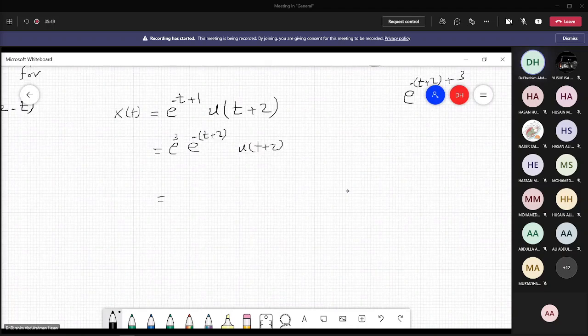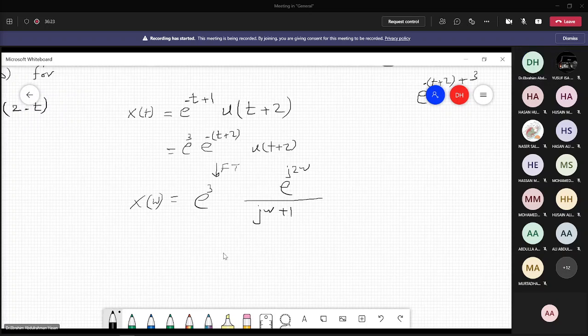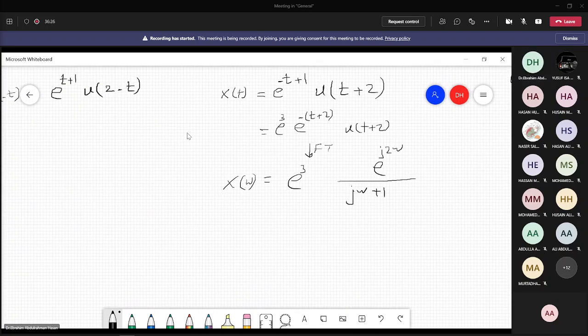So we solve one similar to this one for the Fourier transform. So X of omega is equal to e to the power of 3 over j omega plus 1, multiplied by the shift, and the shift is positive 2, so e to the power of j2 omega. This is X of omega for x of t.